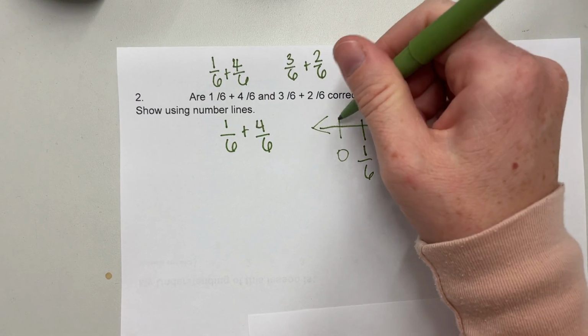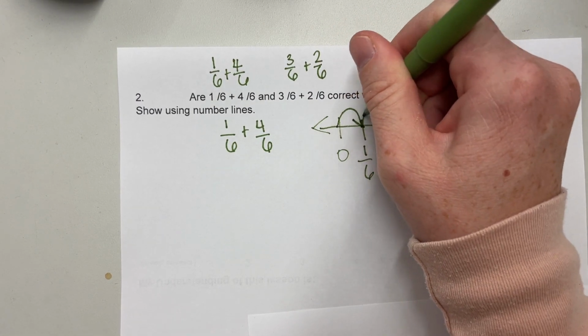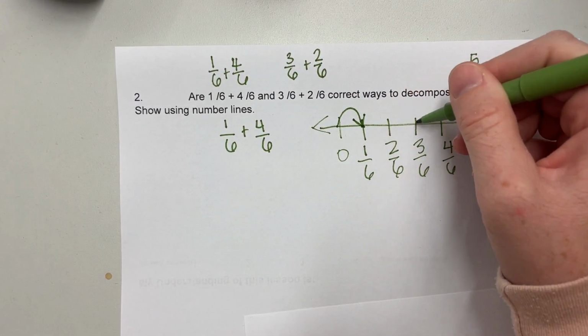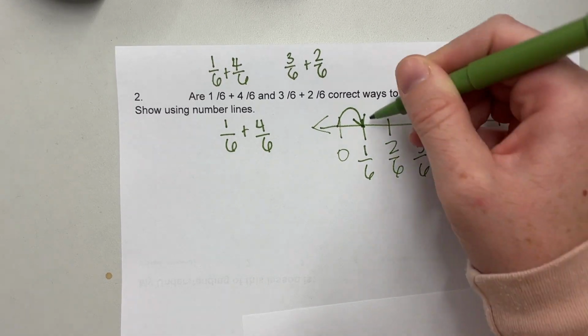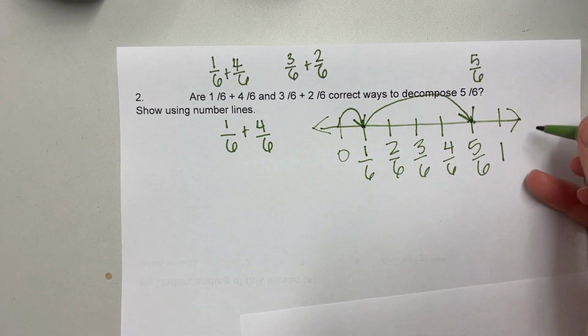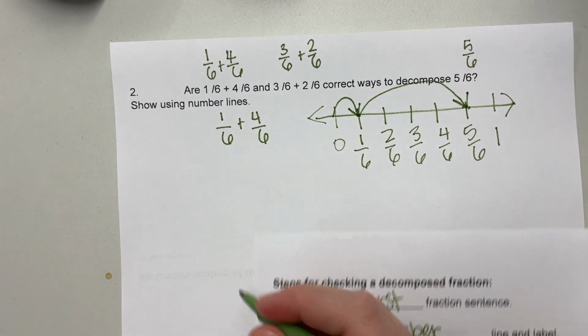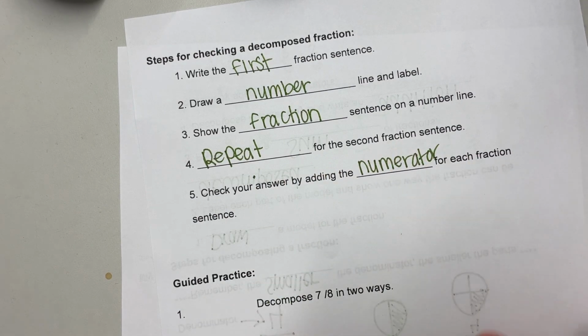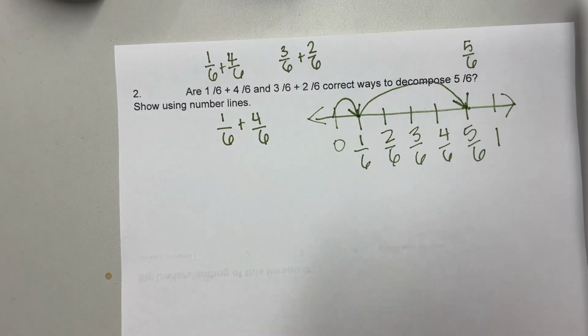I need to go 1/6. Okay, and now I need to go 4 more. 1, 2, 3, 4. I need to go to this one. Okay, so that one actually worked out to get to 5/6. Let's repeat for the second fraction sentence.